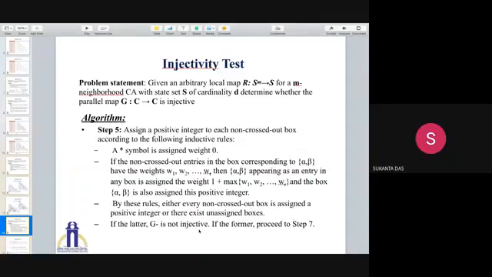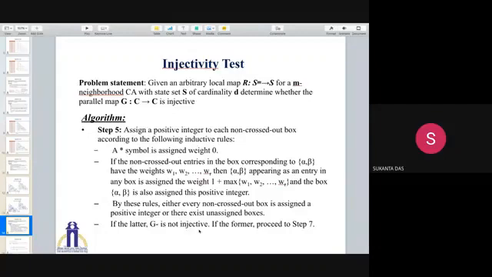The second condition I am giving here, if I fail to assign any number following the above rule, it is not injective. So you have to understand why we are calling it non-injective. The only way of declaring non-injectivity is that you have to find 2 configurations which are mapped to a single one.